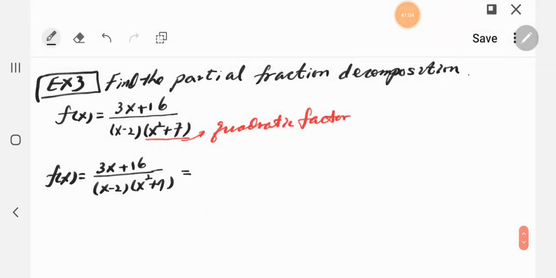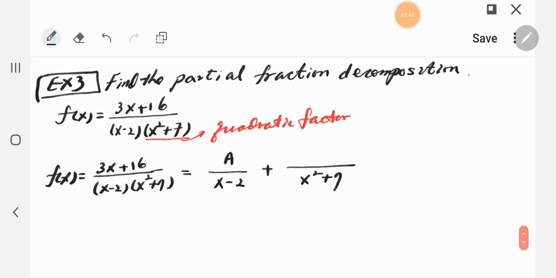Okay, example 3, find the partial fraction decomposition of this function. Now the denominator of f of x has two factors. One is linear, the other one is a quadratic factor. So we can separate this function into two fractions. Something over x minus 2 plus something over the quadratic factor. The denominator of the first fraction is linear, so we must have a constant in the numerator.